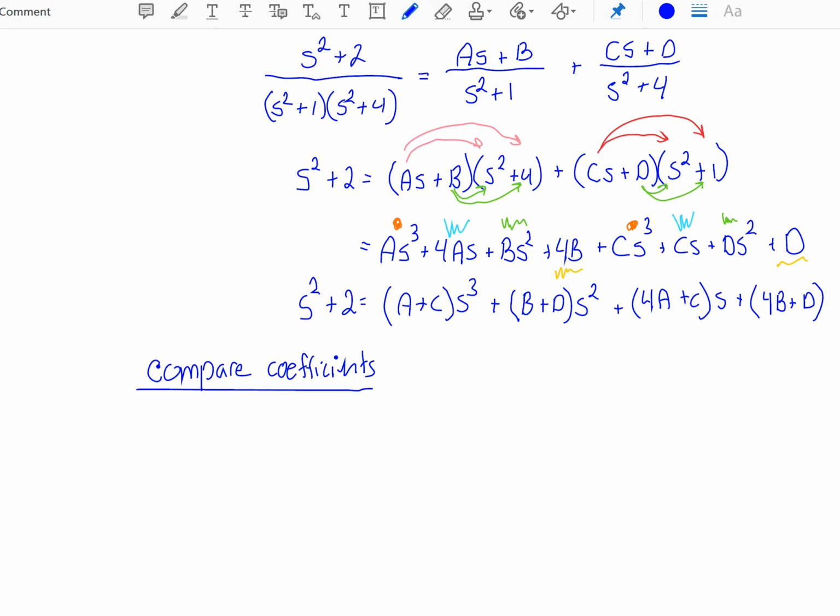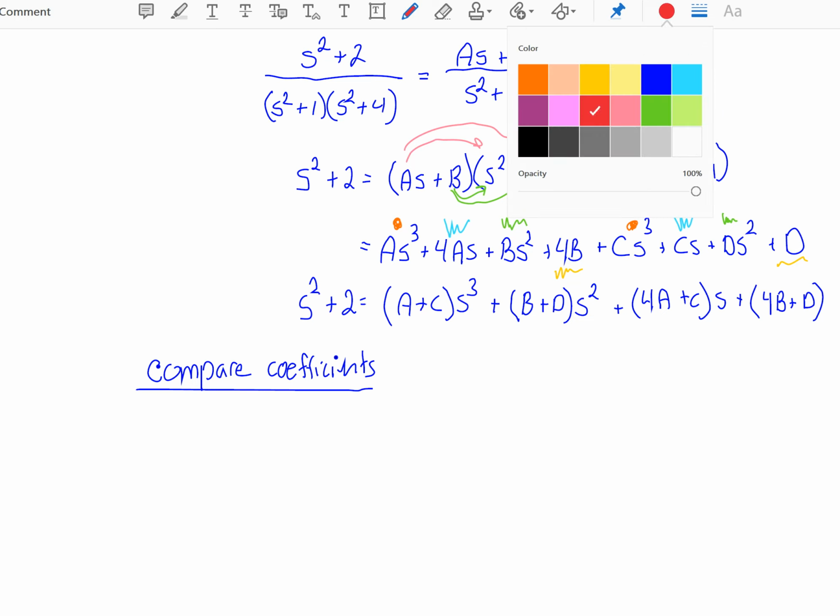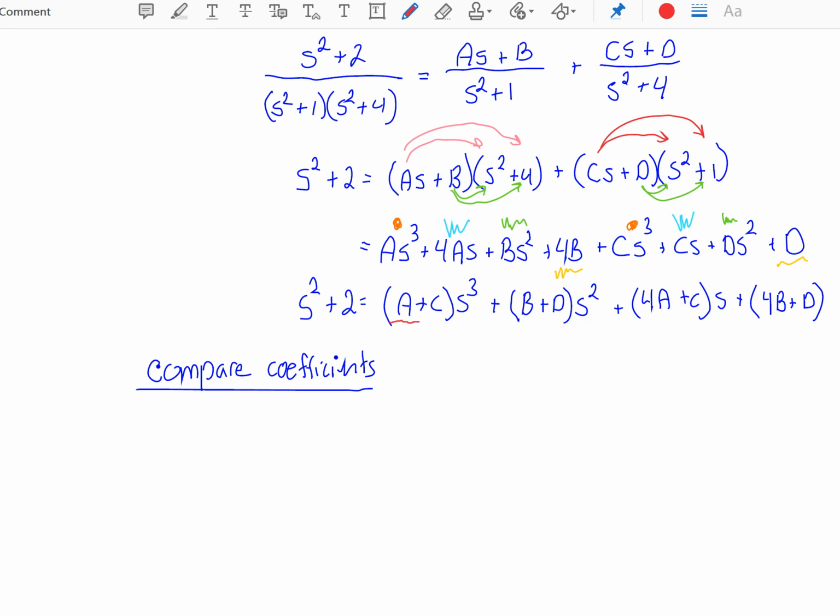So for example, I can say the coefficient of s cubed has to match the coefficient of s cubed on the left-hand side. But there is no s cubed. So technically we should say that a plus c has to equal 0.